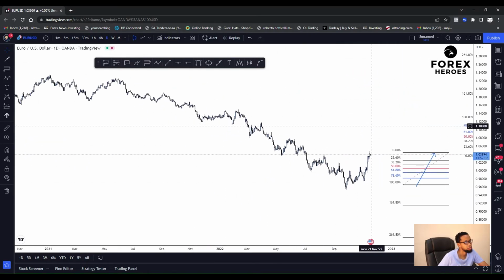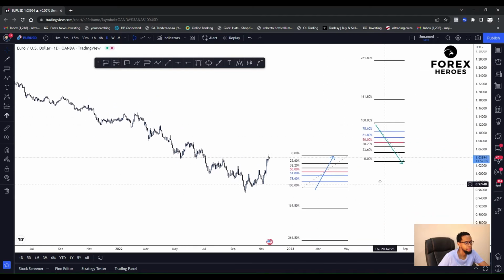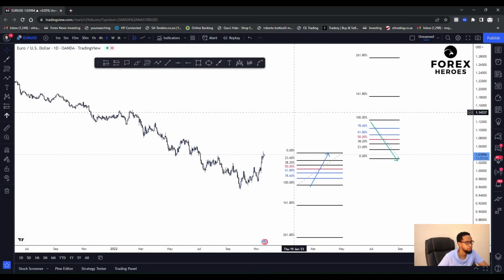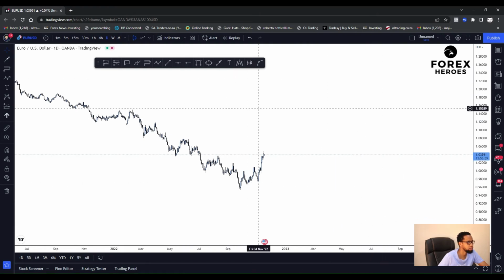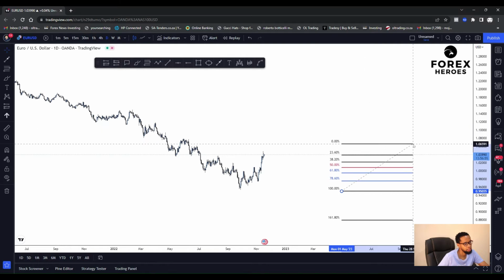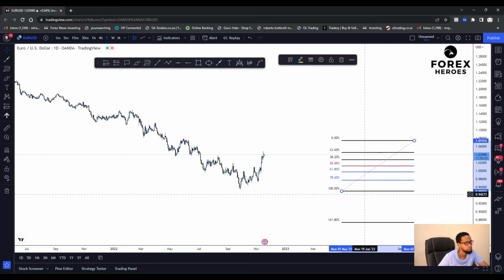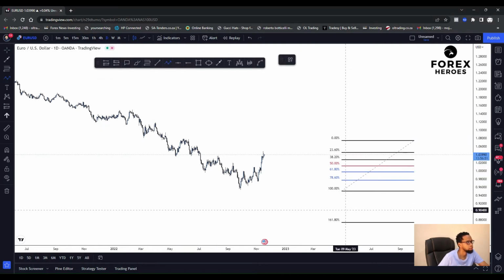So most of the time you have a market doing something like this: the market pushing and then coming back to retest 61.8.